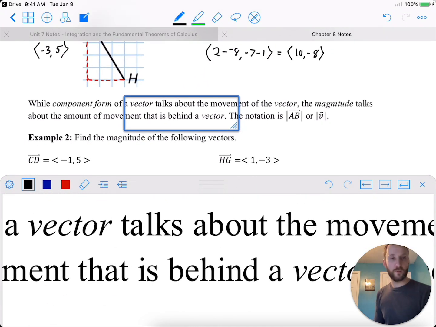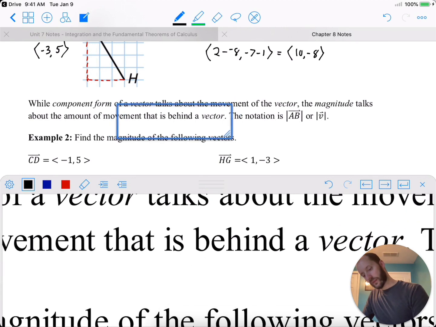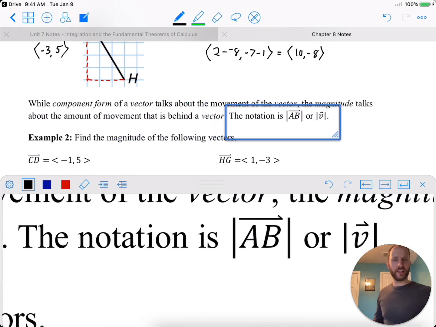Now, component form talks about the movement of the vector, how far you're going. The magnitude talks about the amount of movement. The notation looks like absolute value bars, but it's not absolute value. It's a reused notation because I guess we ran out of symbols to use.